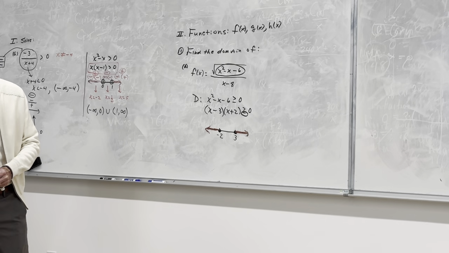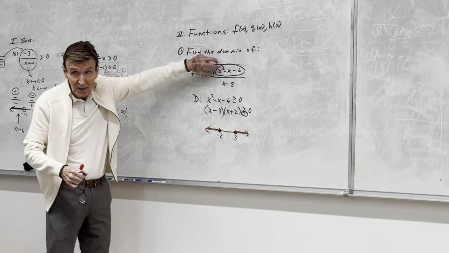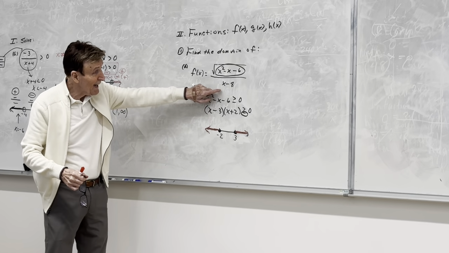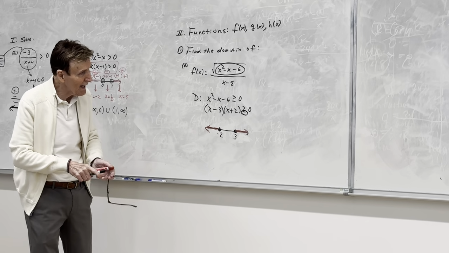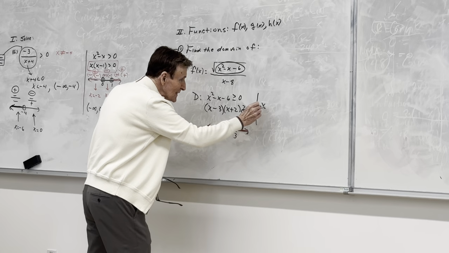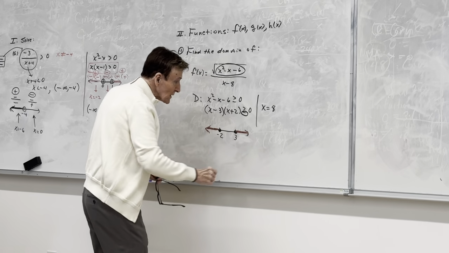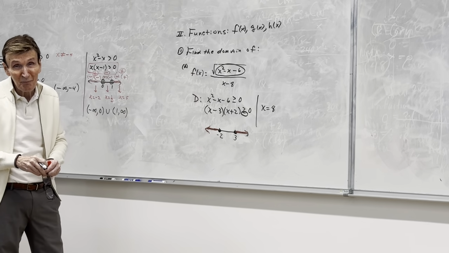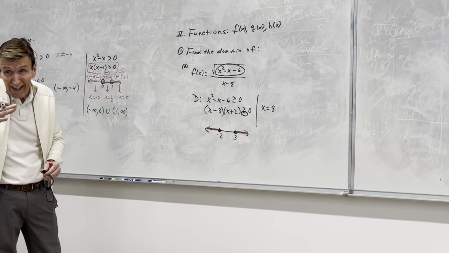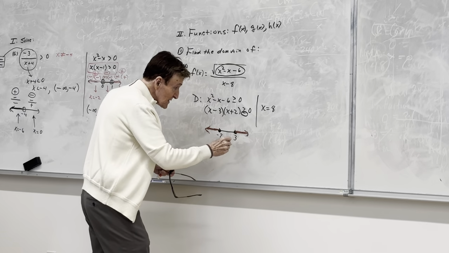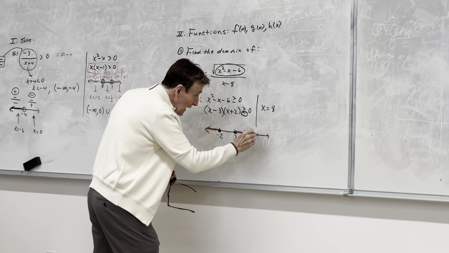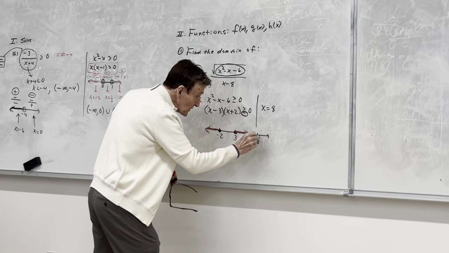So that tells me at least this part. But now I've got another part I'm worried about. Down here in the denominator, I cannot let x be what number? 8. So you say, oh, professor, you're not quite finished. You have to show on this diagram that when you reach 8, and you are going to reach 8 out here, this goes on forever, you've got to go out here and show me, hold on, you can't use it.